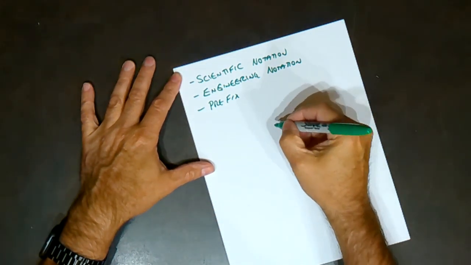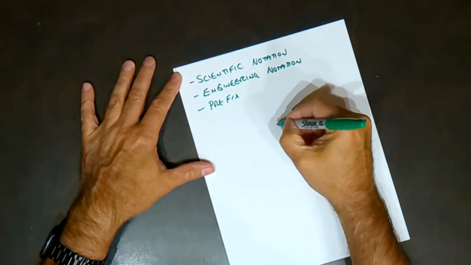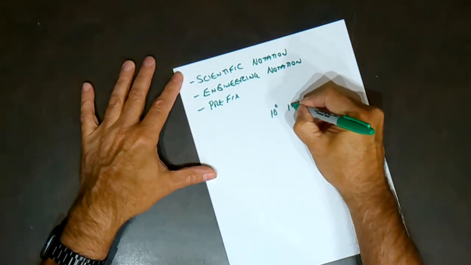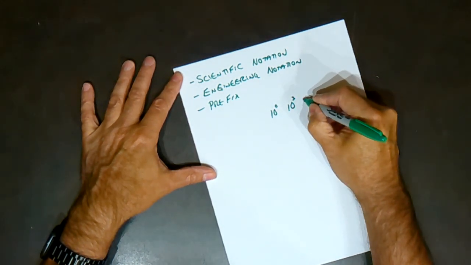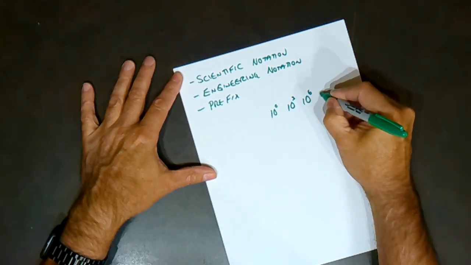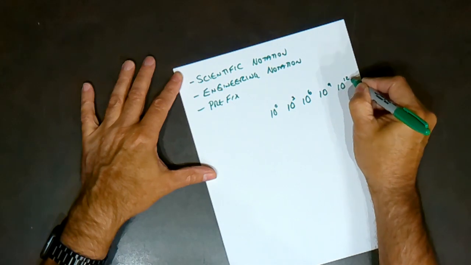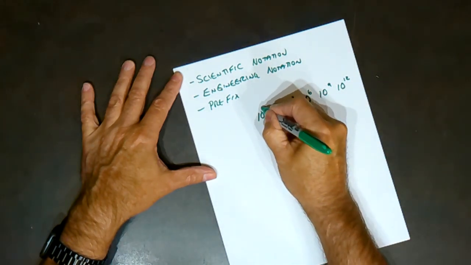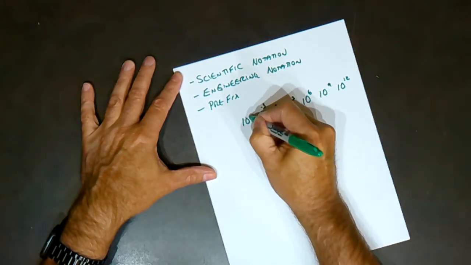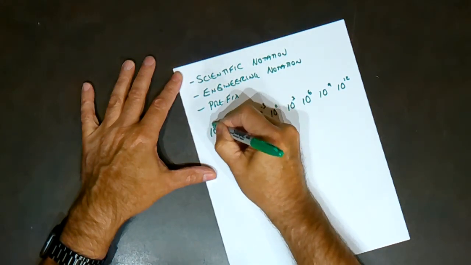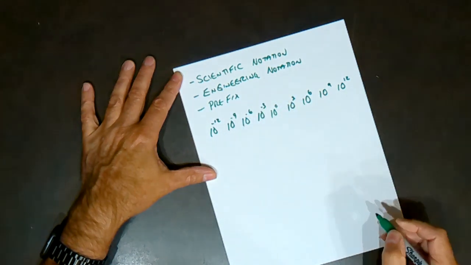So for this course, the ones that you're responsible for, there was 10 to the 0, 10 to the 3, 10 to the 6, 10 to the 9, 10 to the 12, and then 10 to the minus 3, 10 to the minus 6, 10 to the minus 9, and 10 to the minus 12.